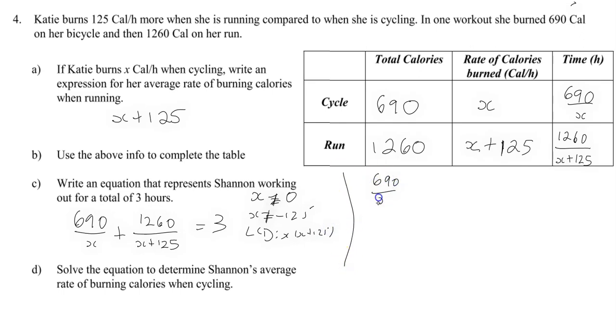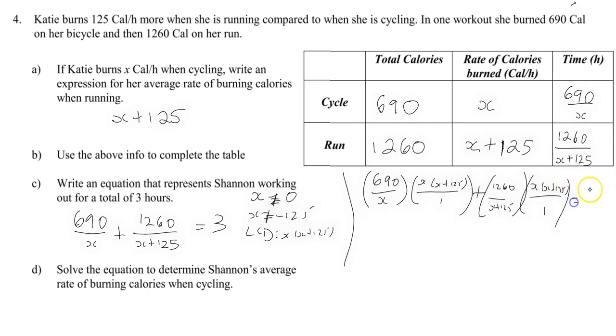So we take each term: 690 over X times X, X plus 125 over 1, plus, oops, no, that's 1260, over X plus 125 times X, X plus 125 over 1, equals 3 over 1 times X, X plus 125.